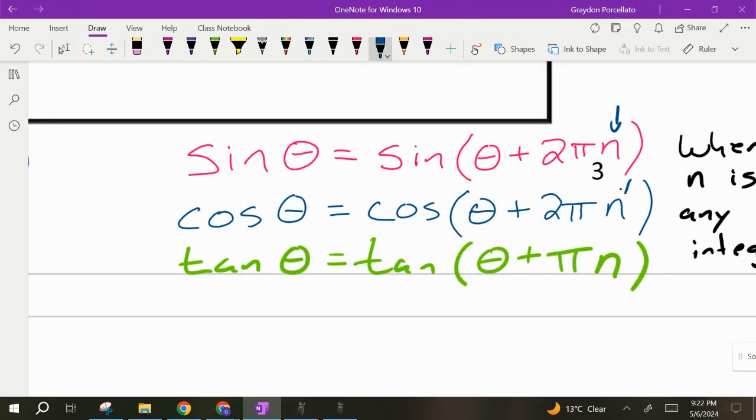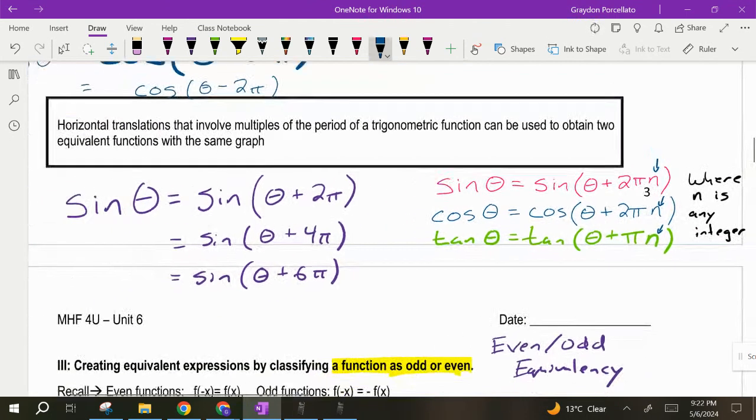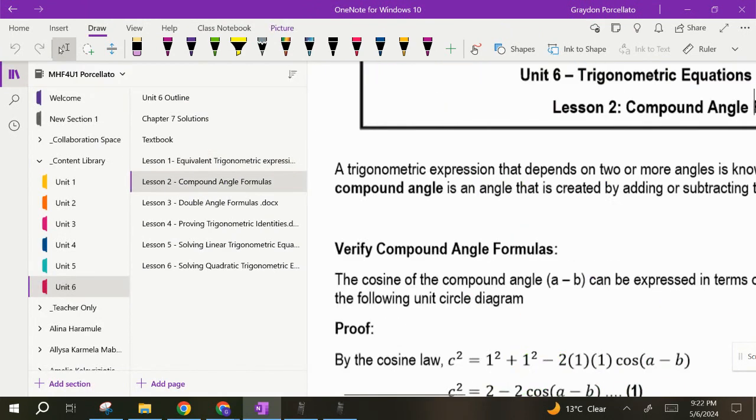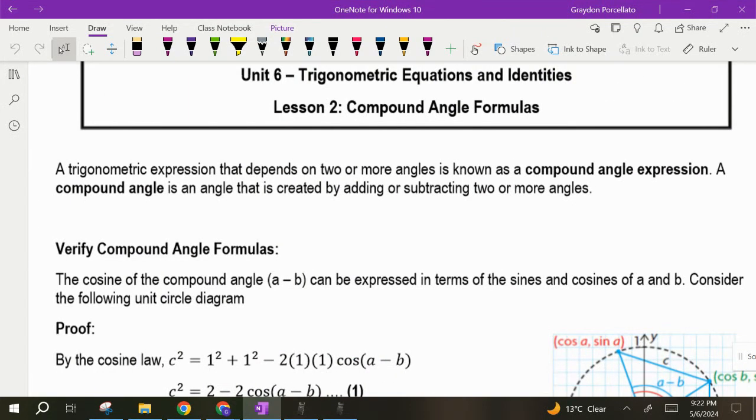So 16 plus 3, we'll say, instead of infinity. So we created 19 equivalent trig expressions yesterday because of the foundations of where these things come from. There are tons of possibilities when you're creating equivalent trig expressions.